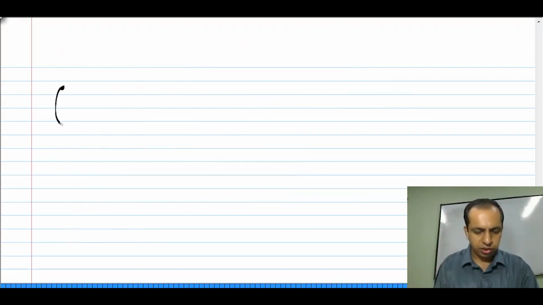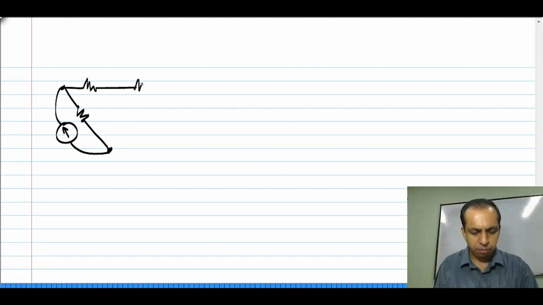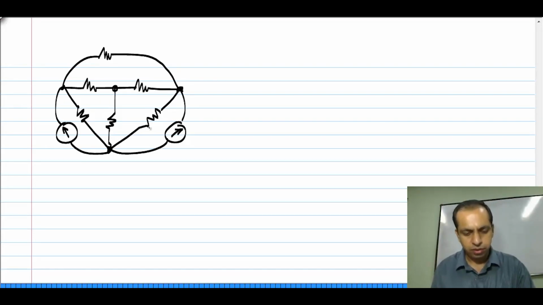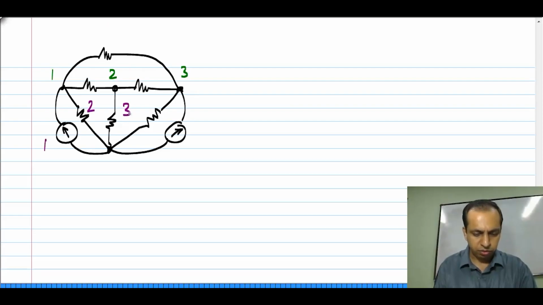Let us consider the same circuit again. I will illustrate it with this example, but this is true of every circuit with n nodes. So, we have nodes 1, 2 and 3 and branches 1, 2, 3, 4, 5, 6, 7, 8.